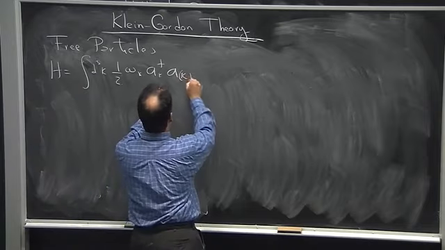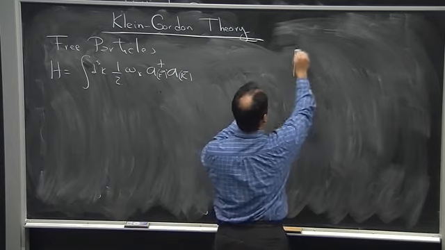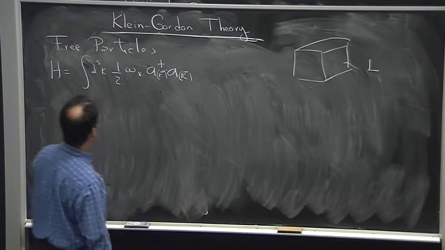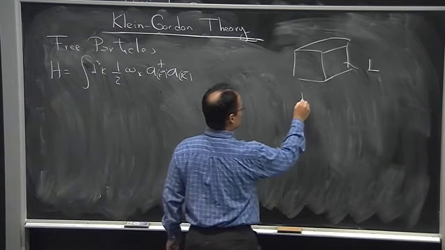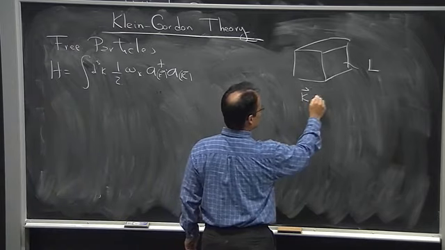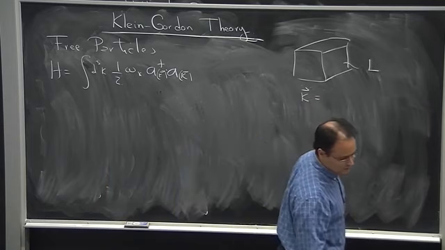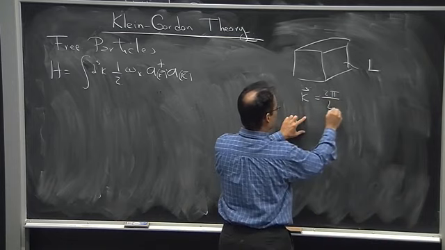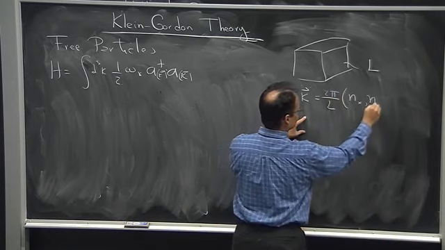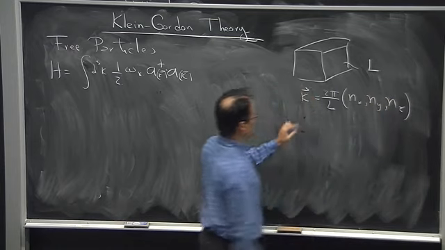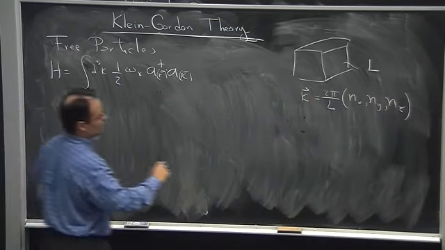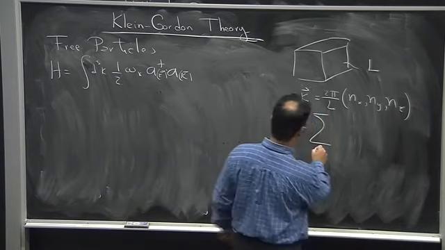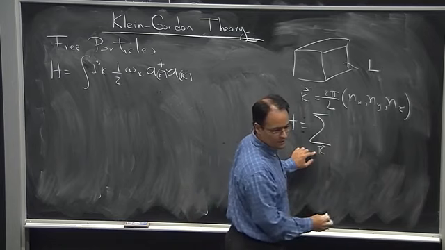So let's put this system in a box of some length L, such that the possible values of momenta are quantized in a lattice of this form. And the Hamiltonian for this system will just be a sum over all those oscillators with a sum of momenta in the lattice, okay?